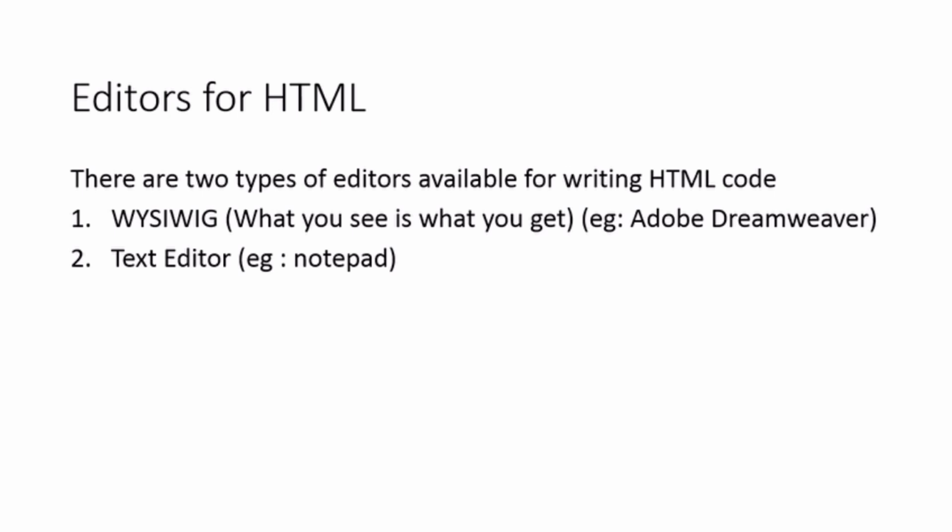And for a text editor, we will have to remember the commands for writing the code. WYSIWYG can help you to access the different HTML elements which are available, but in case of a text editor, we cannot do so. We will have to keep the commands in our memory and we'll have to type it out in order to get the output.